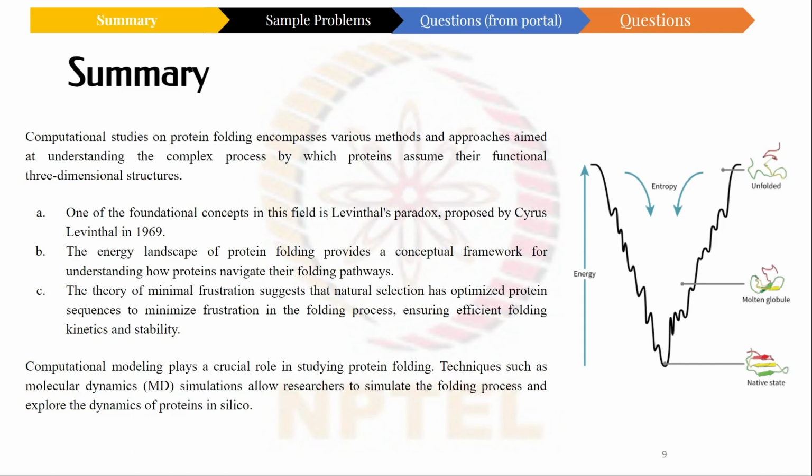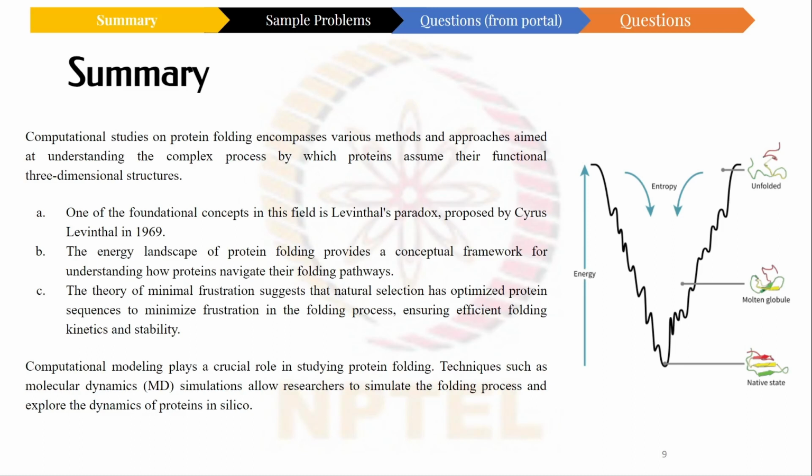Then we have the energy landscape of protein folding, which provides a conceptual framework for understanding how proteins navigate their folding pathways. According to this view, proteins fold into their native structures through a funnel-shaped energy landscape, where the native state represents the lowest energy state, as shown in the image.